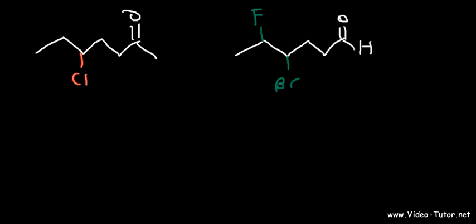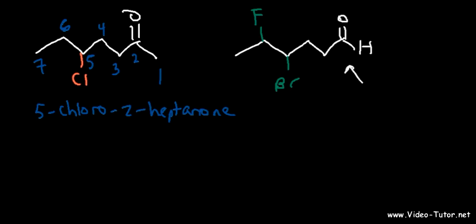So for the example on the left, you want to count from the side where the carbonyl is located. So we want to count from the right side. We want to make sure the carbonyl has the lowest number possible. So the chlorine's on carbon 5, so it's going to be called 5-chloro-2-heptanone, because 7 represents heptane.